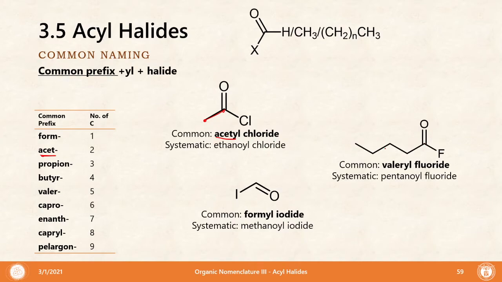Here we have a 5-carbon acyl fluoride, so we have valeryl fluoride. And here we have a 1-carbon acyl iodide, so we have formyl iodide. Those are common names of acyl halides.